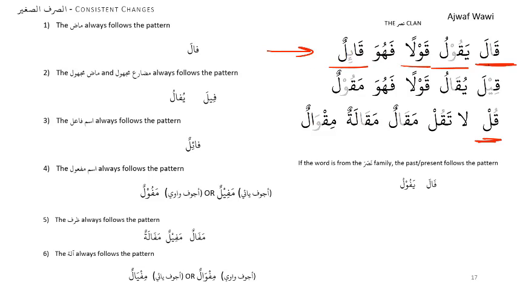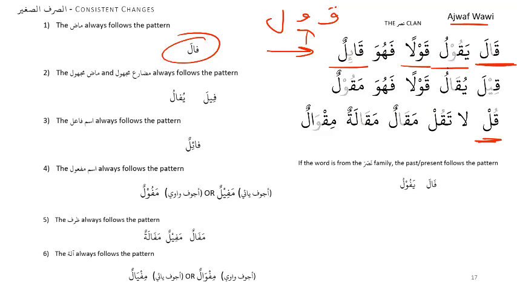Okay, so qala. Where did this come from? The past tense is always in the form fala. So this is ajwaf wawi, which means that the root letters are qaf, waw, lam. With the past tense, the middle letter doesn't matter. So you have qala.